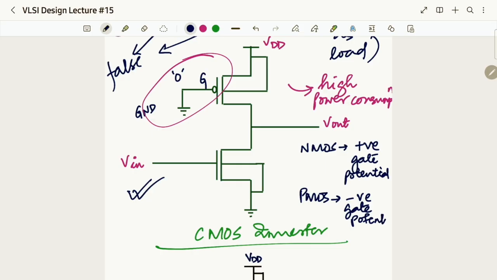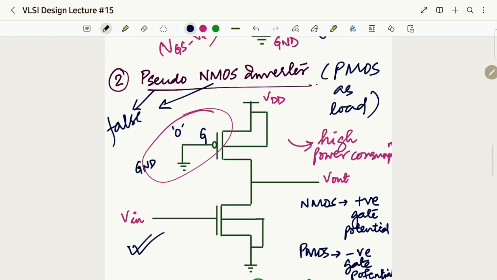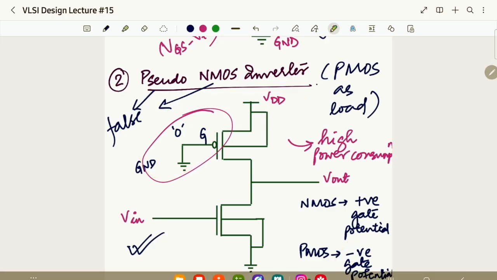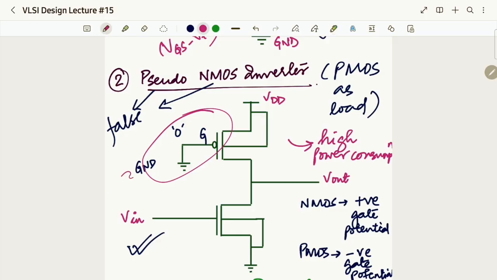That means for a PMOS to be turned on, we have to provide a negative gate potential. What are we providing over here? We are providing a constant zero. So that is our negative gate potential. That means my PMOS is always on here. PMOS is always on.